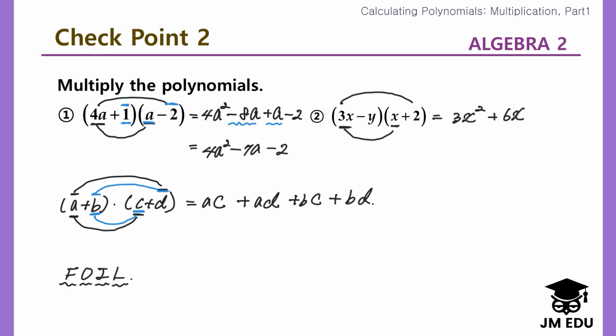Inner, negative y times x, that's minus yx or xy in alphabetical order, right? So minus y times plus 2, that's minus 2y. When we look at these terms right here, there are no like terms. X squared, x, xy, y, right? No like terms. So we can just leave our expression like that.